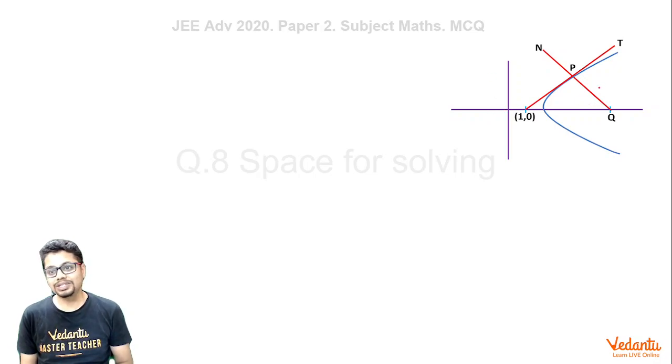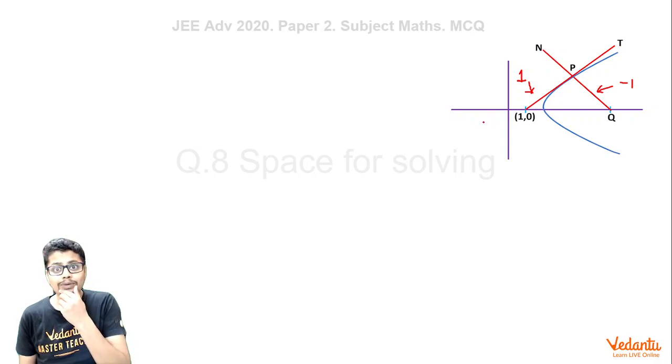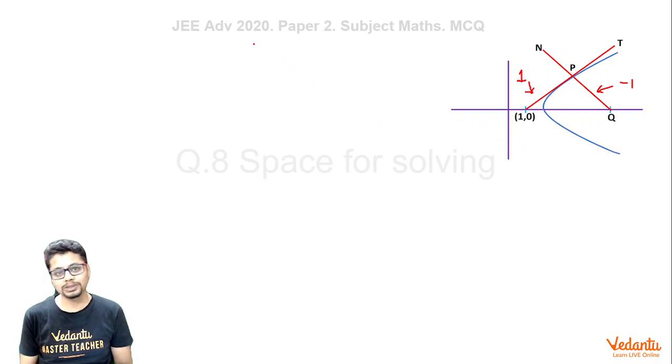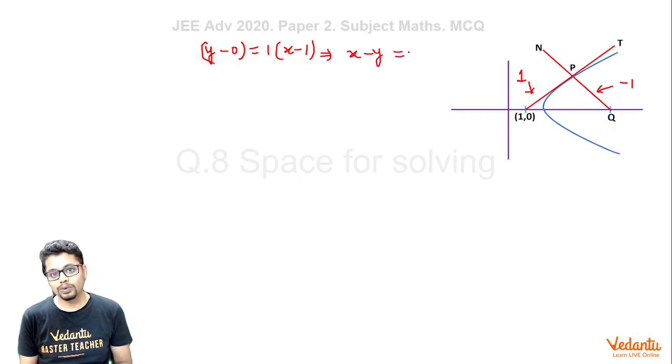So the normal will have slope -1. That also means the tangent would have slope 1, because normal and tangent are perpendicular to each other. So the tangent has slope 1 and passes through the point (1, 0), so its equation becomes y minus 0 is equal to 1 times x minus 1, which means x minus y equal to 1.